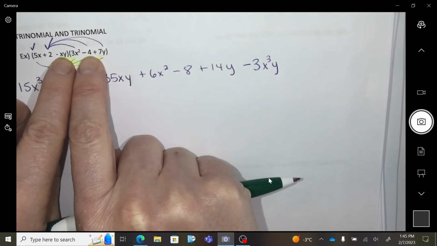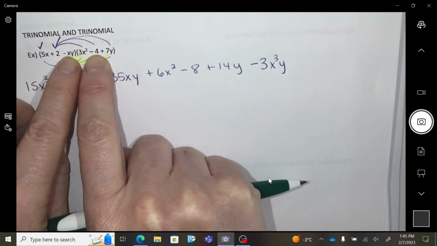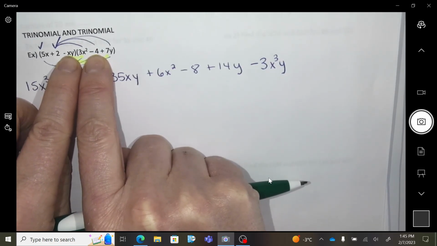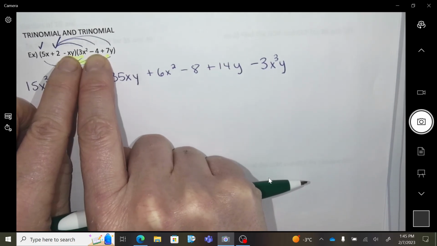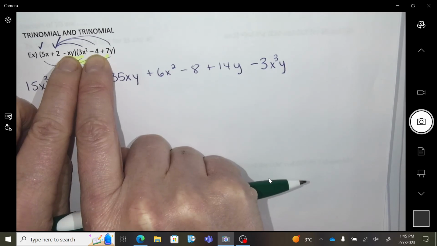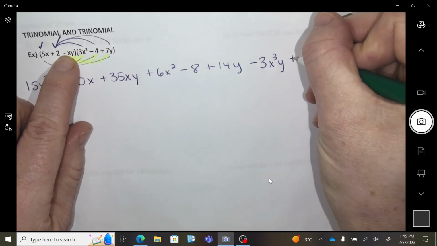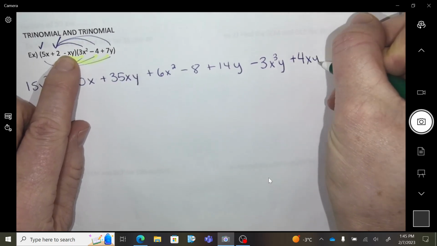I got my fingers set to where we want to go here. Sign. Add, subtract. Add. Add and put the 4 in the front. X, Y. Okay, everybody sees the add because this is a negative and a negative. So add 4xy.